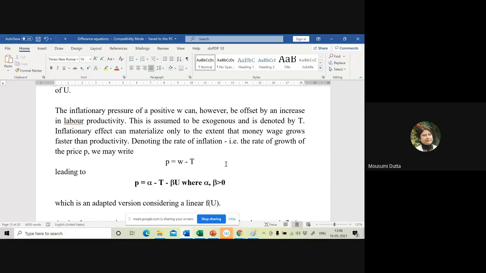Okay, so in an economy, we cannot always expect only a one-to-one relation. You have to understand the complications in the system too. So if you give more wage, there is an incentive. I mentioned in the class, you can have a better living condition, better food, and go for better healthcare facilities.